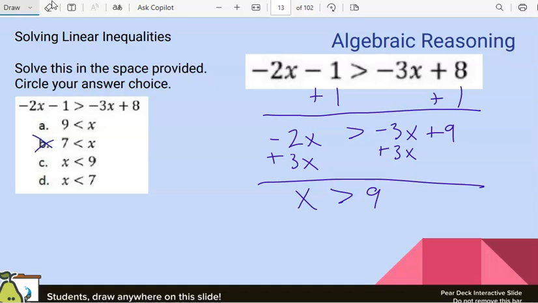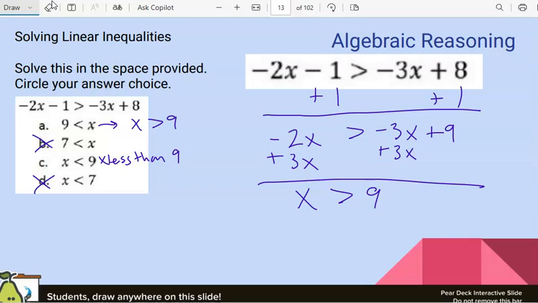So it can't be B, can't be D, those are 7s. Now A and C, neither of them look exactly like this. This one is x is less than 9. This one is also the same thing as x is greater than 9.